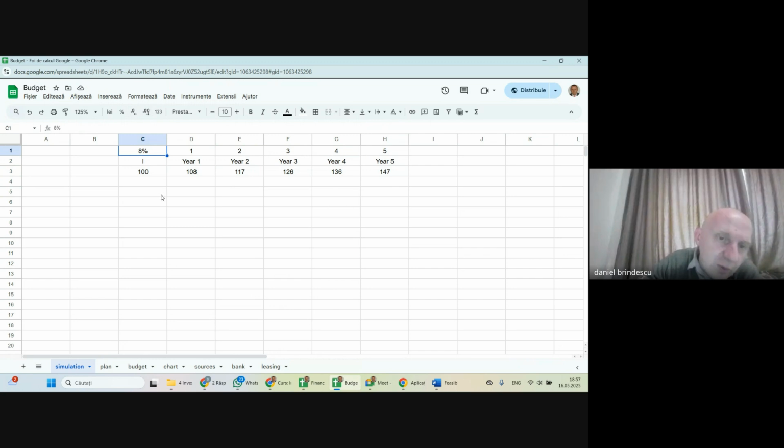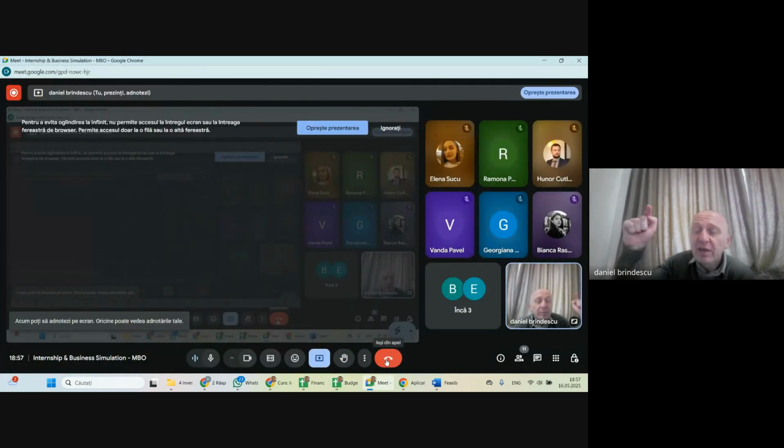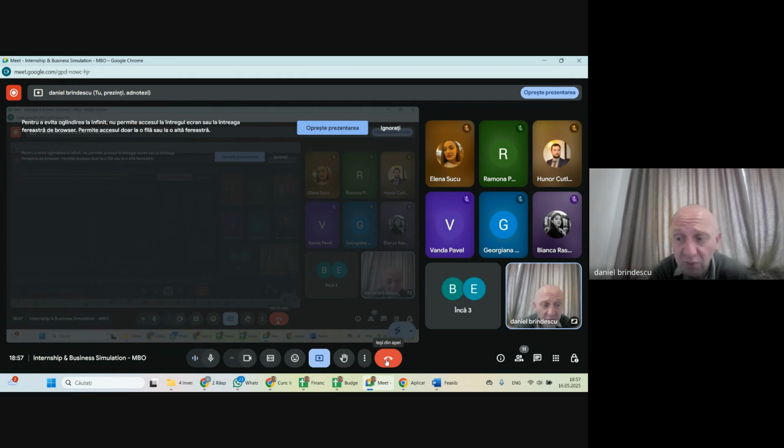So this really means that 100 monetary units today is equal to 108 in 1 year, to 117 in 2 years, to 147 approximately in 5 years. Okay? So basically, if I were to ask you, what would you pay me today if I were to promise you that I will pay you in 5 years 147 euros?